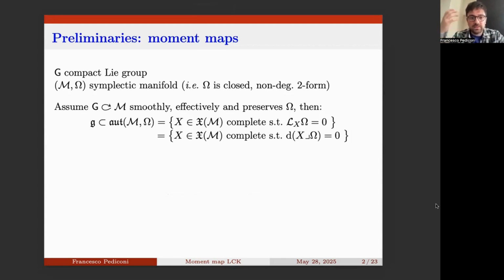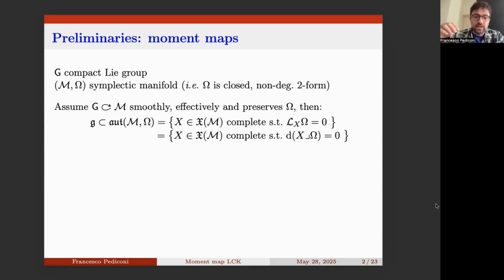We assume that the group acts on M smoothly, effectively, and that it preserves omega. The fact that it preserves omega allows us to consider the fundamental vector fields associated to these actions by taking derivatives. These fundamental vector fields preserve omega as well.